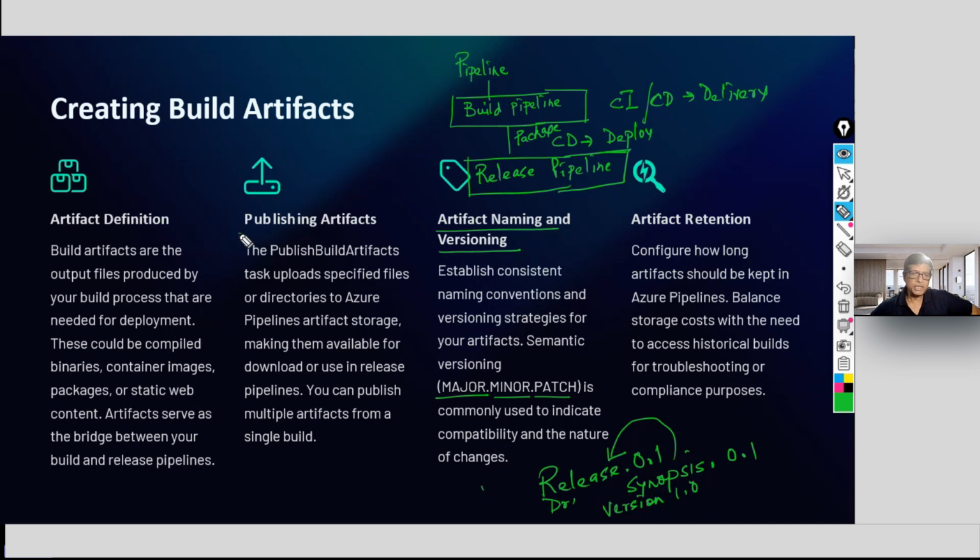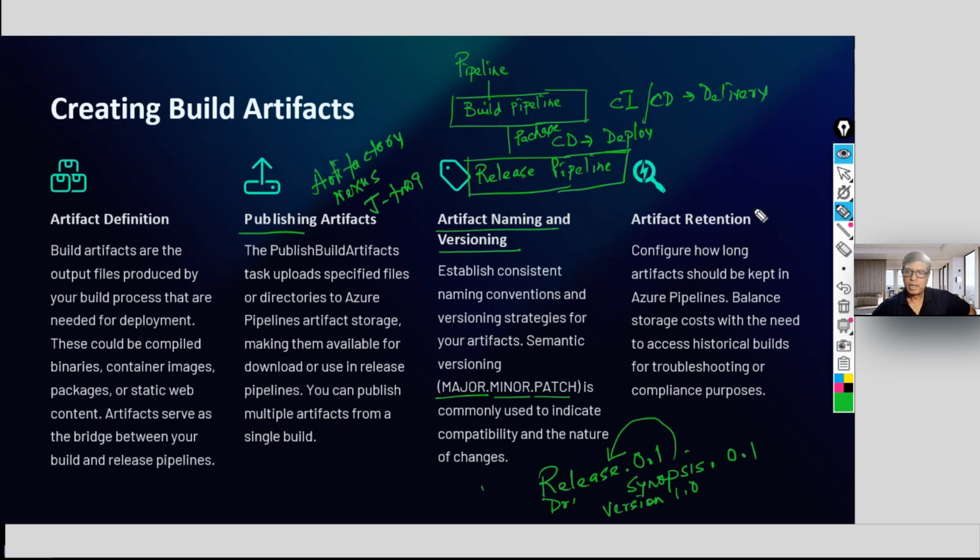You will have to publish your artifacts where? In the Artifactory. Artifactory is a storage that we have said, we have Azure Artifactory, or you can store it in Nexus or in JFrog. You can publish them. The advantage of publishing them as artifacts is that you can pick it up and then you can release it to the various environments.